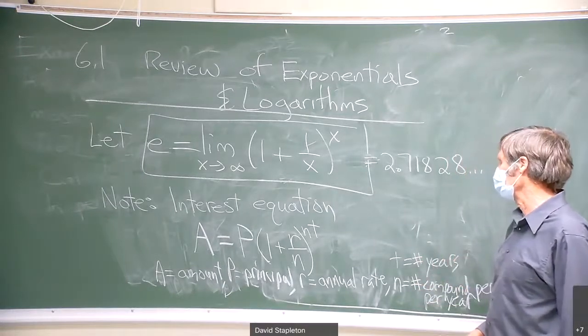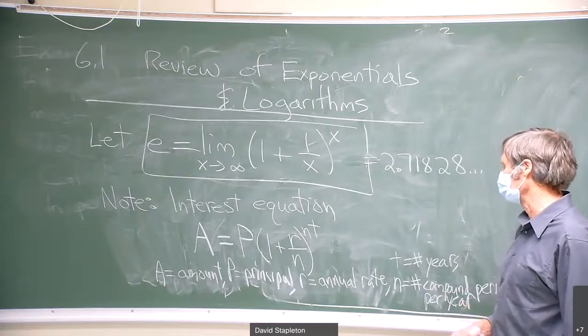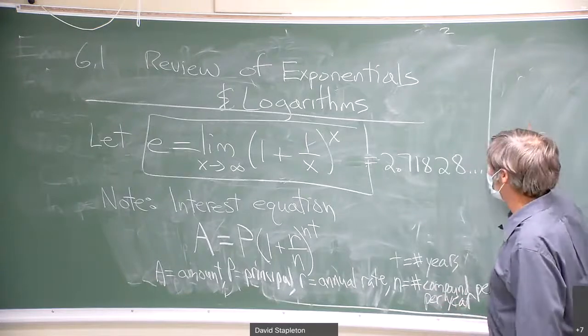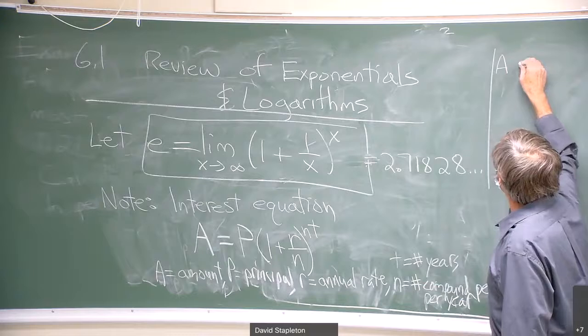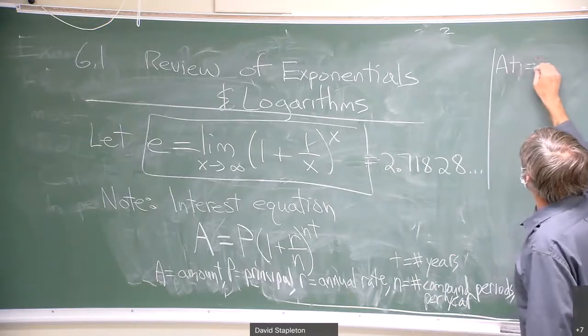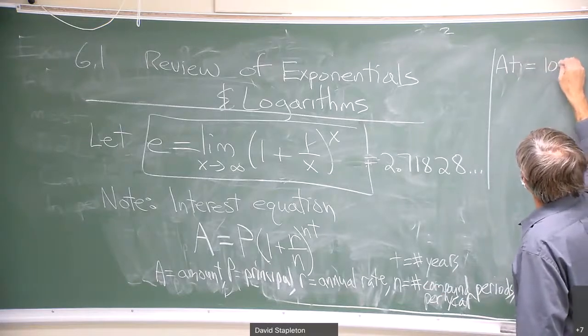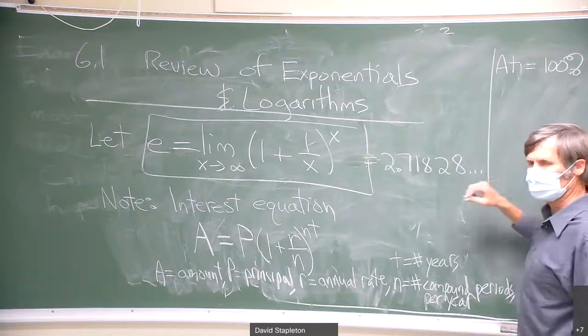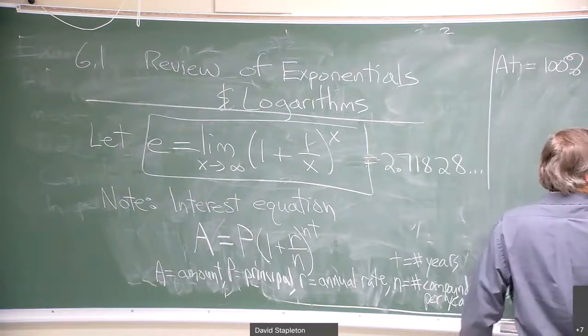This equation is kind of neat. I'm not giving this now for homework, but if you were to put R equals 100% interest, suppose it's mafia rates, right? Charge 100%.